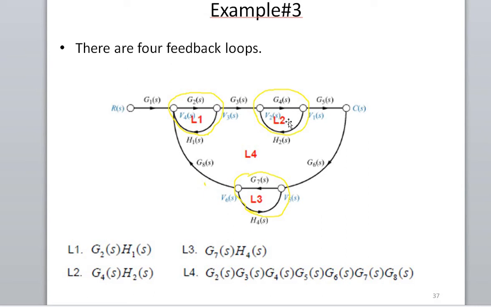Also, loop L2 and loop L3 are non-touching. Consider L4. L4 is this loop, starting from this point and reaching again here. So we can see that this L4 touches all the other loops, L1, L2 and L3.